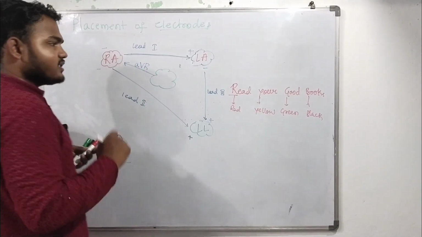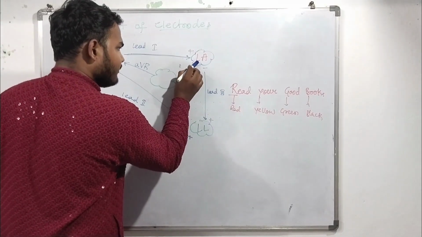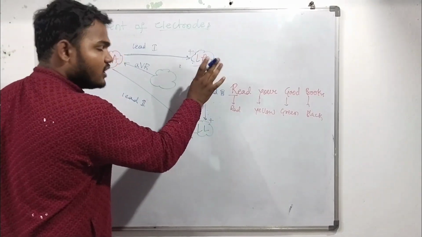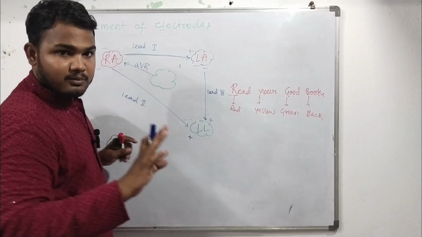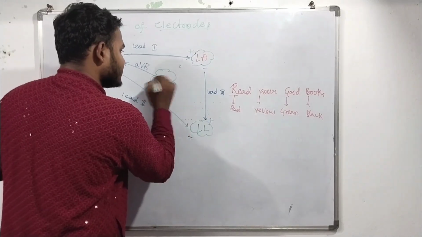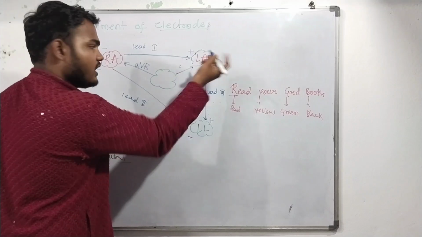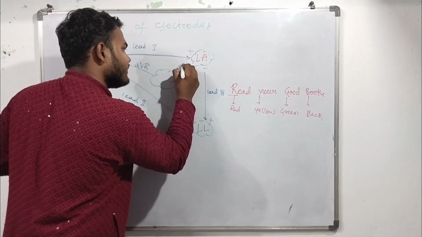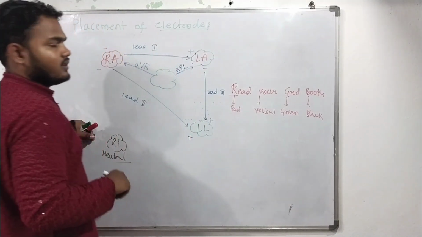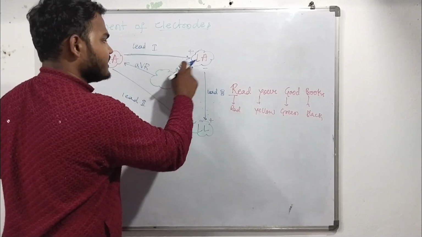Next, in the second scenario, the left arm becomes positive and the rest of the 2 electrodes become negative, and all the resultant electrical activity goes to the left arm. That is considered augmented vector L, that is left.